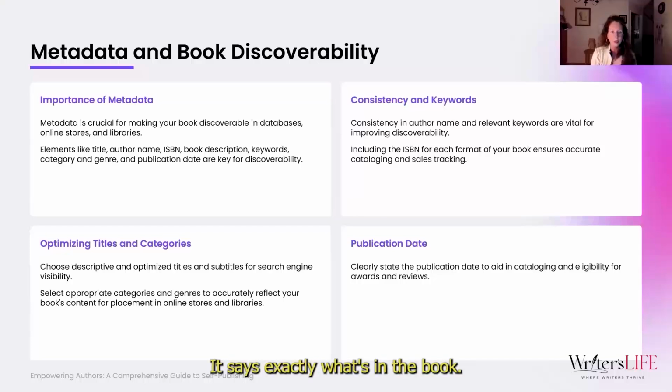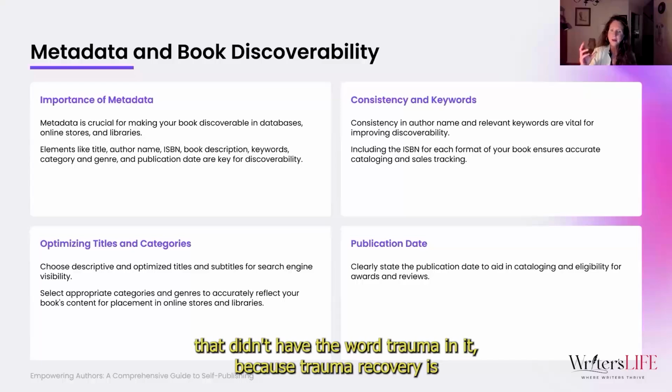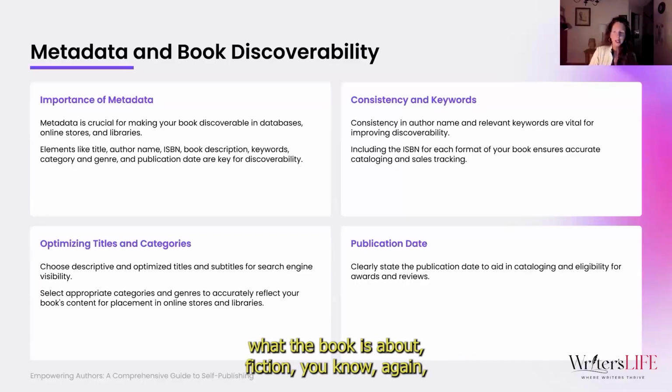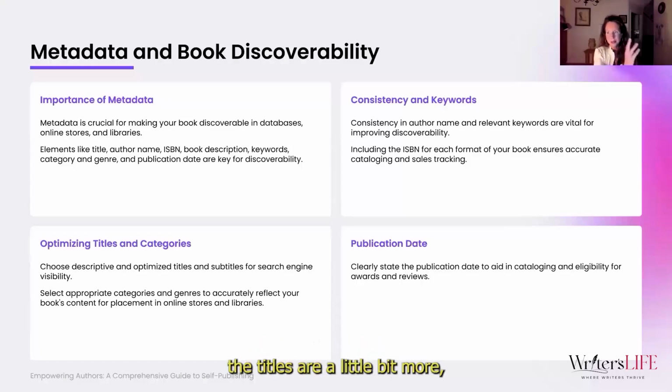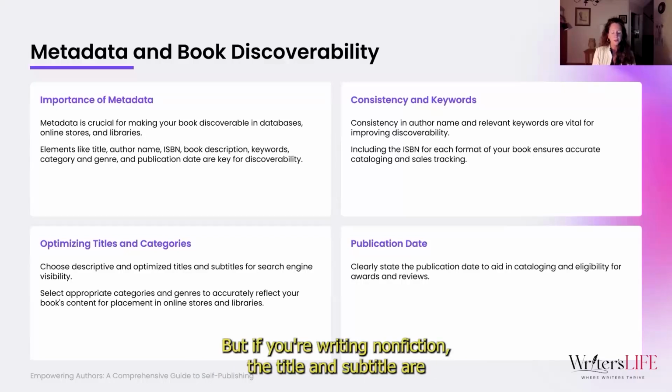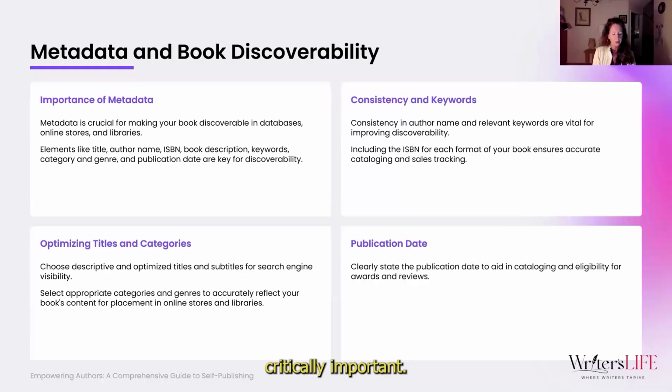It says exactly what's in the book. It's about recovering from trauma. I would not come up with a title that didn't have the word trauma in it, because trauma recovery is what the book is about. Fiction, again, titles are a little bit more all over the place. But if you're writing nonfiction, the title and subtitle are critically important.